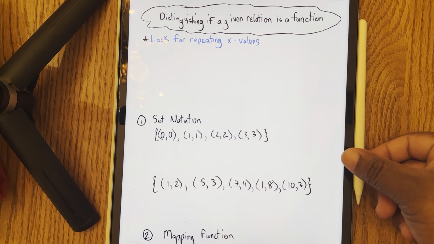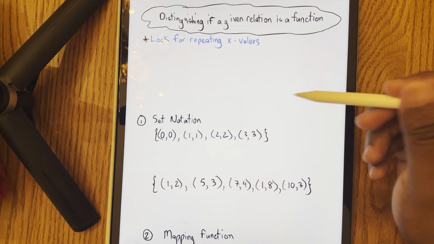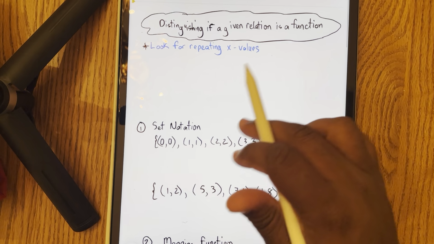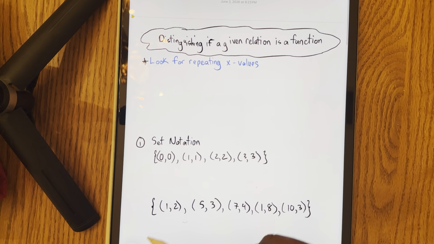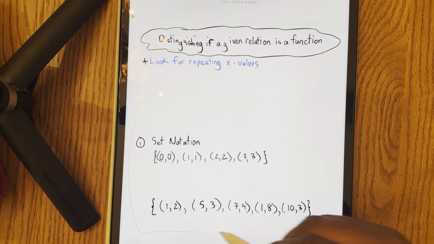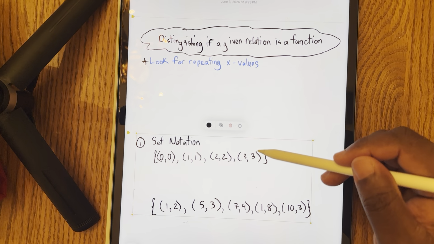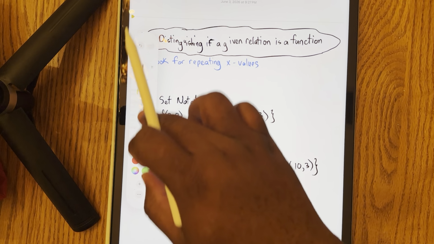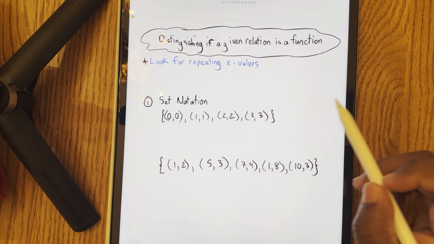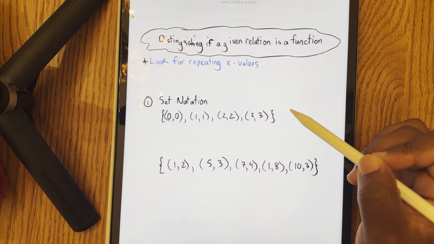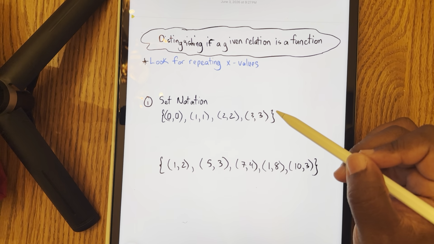So let's dive in. Let's say you're presented with set notation and you're given what's below right here. Let me bring it up a little bit further so it's more center on your screen. Let's say you're given something like this, and you're given four coordinates and you're told to determine if this is a function or not.